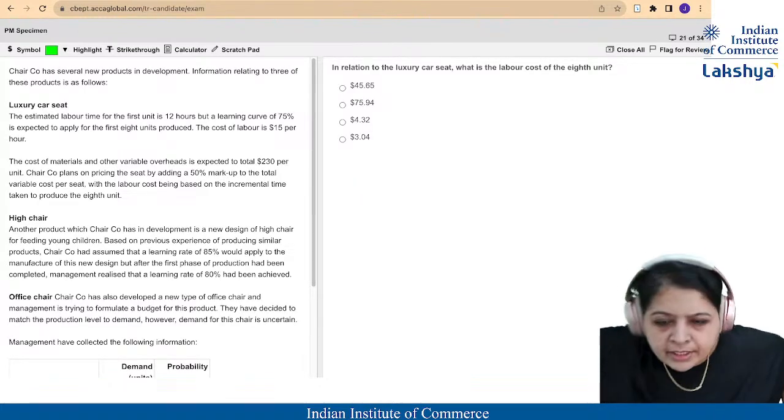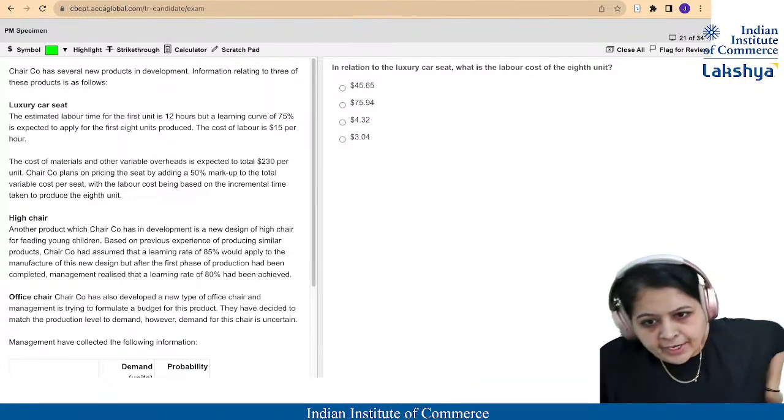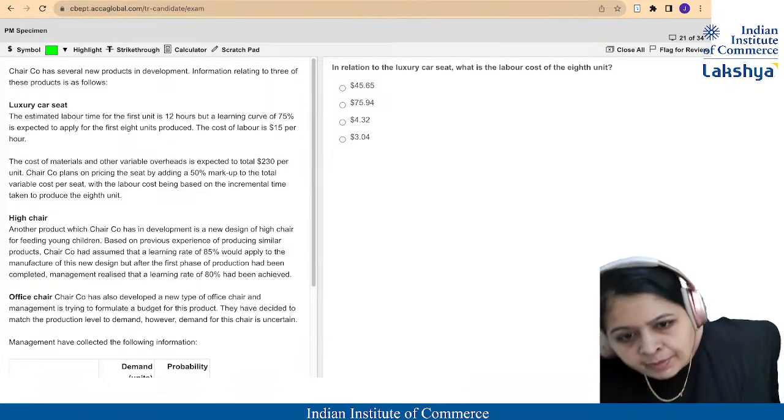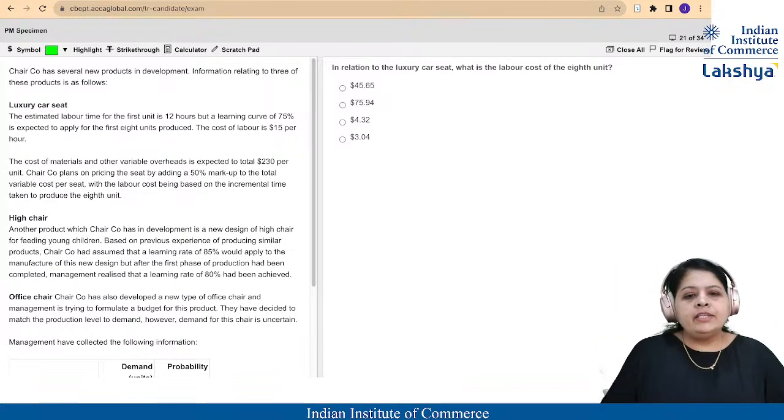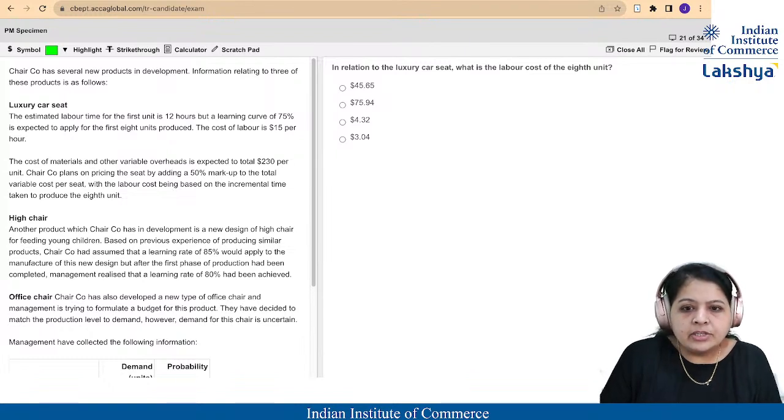Next question is based on Chair Company. Chair Company has several new products in development. Information relating to three of these products is given as follows.